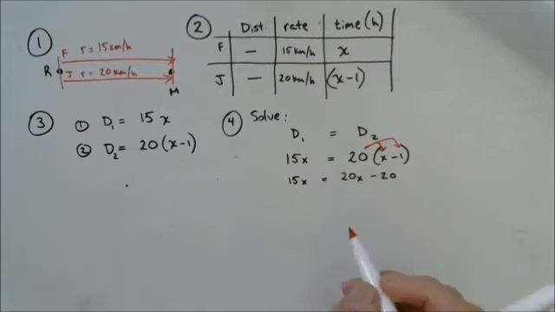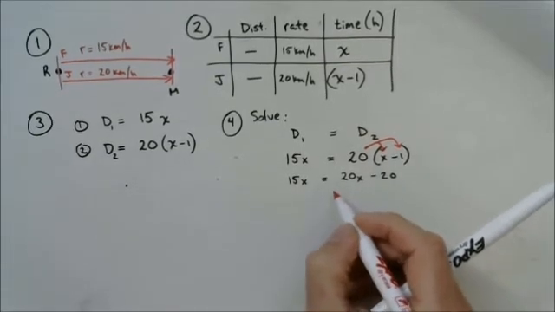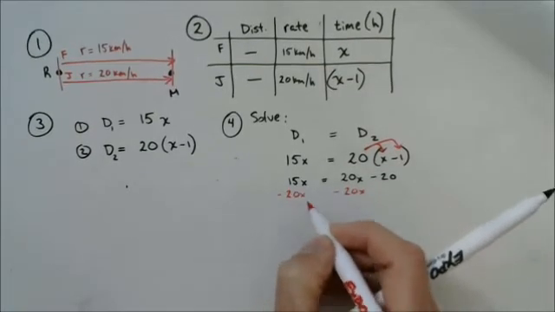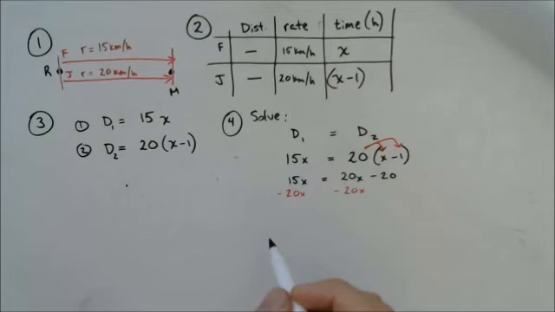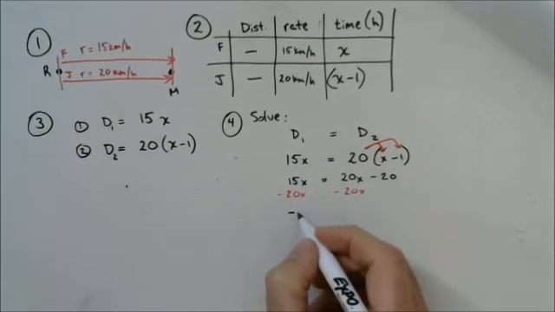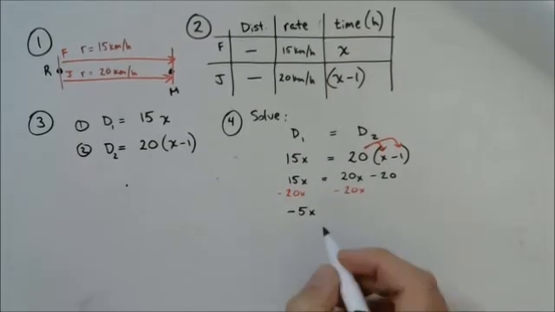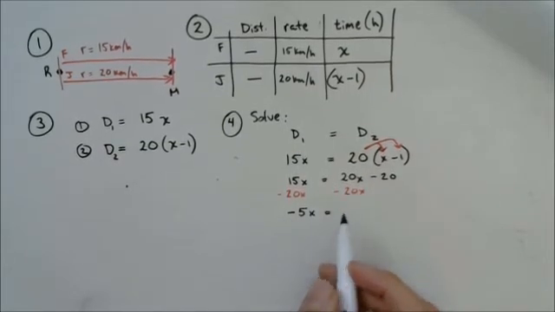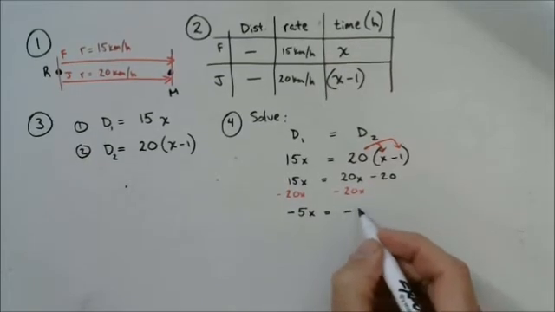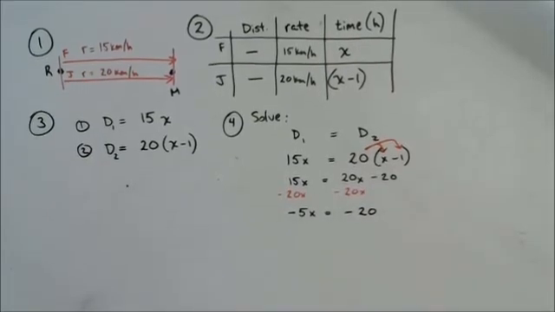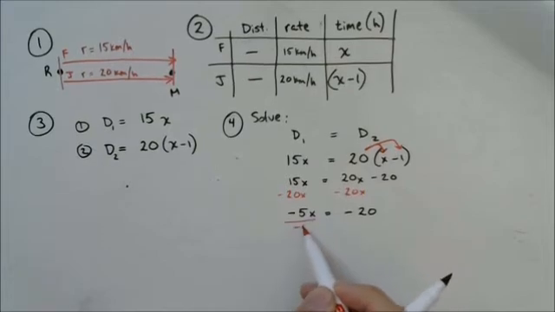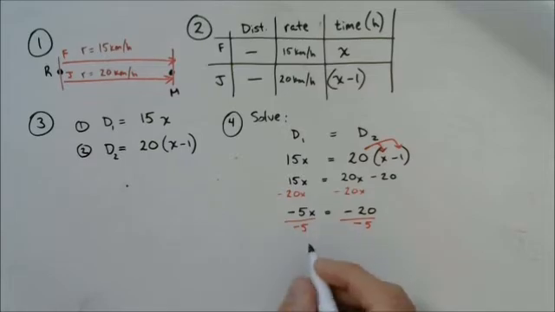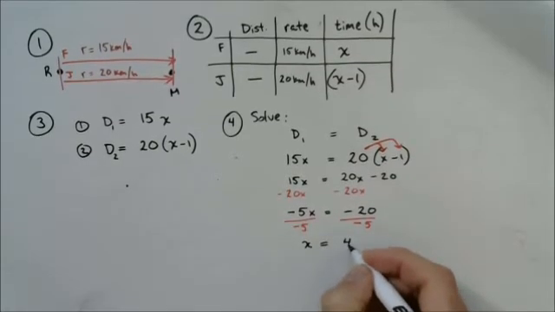Now I want to get all of my x's on the same side, so I'm going to subtract 20x from the right, and if I do that to the right, I have to do it to the left. 15 take away 20, it's going to have negative 5 x's on the left. And you might be thinking, oh, I can't have negative time, but look at what's left over here. Negative 20. So when we divide both sides by negative 5, we're going to be left with an x value of 4.